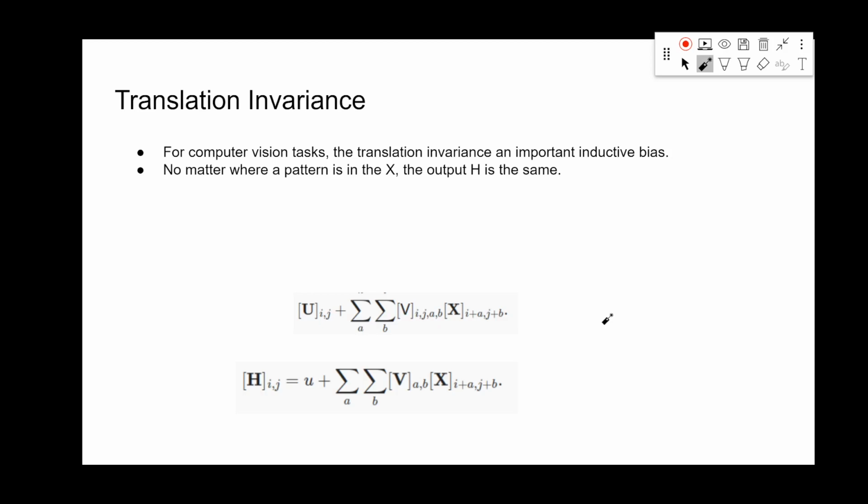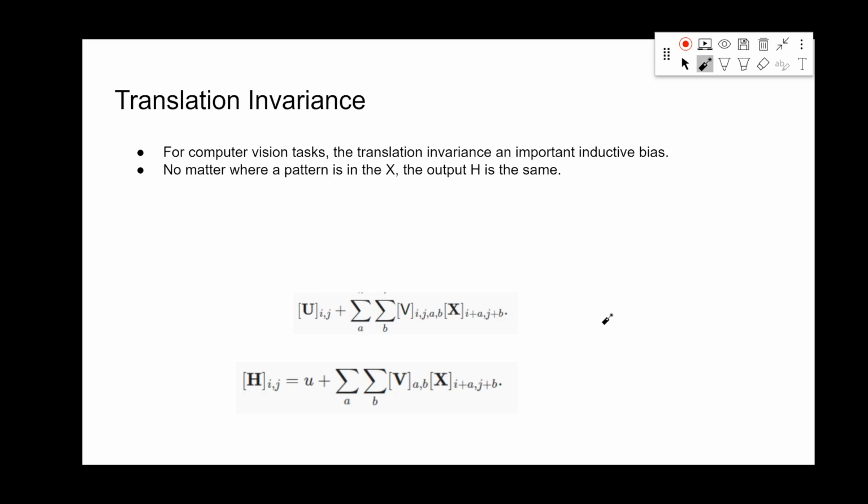But for computer vision tasks, translation invariance is an obvious truth, because a dog will be a dog no matter where the pixels of the dog are located inside the picture. If a group of pixels represents a dog located at the top of the image, it will still be a dog if those pixels are at the bottom of the image.